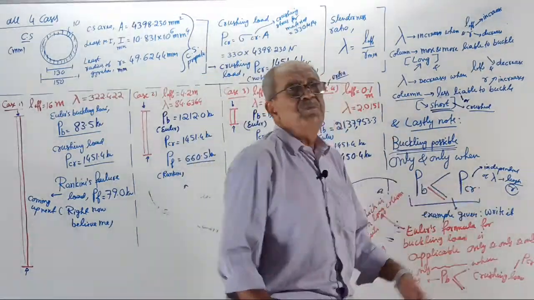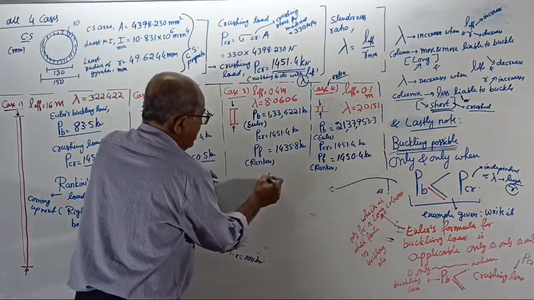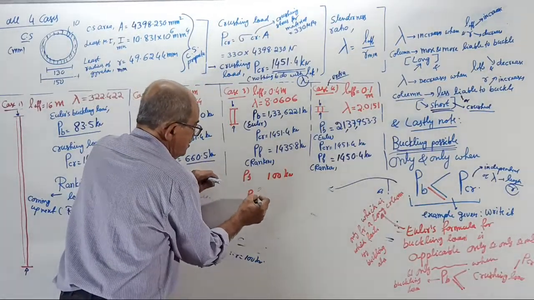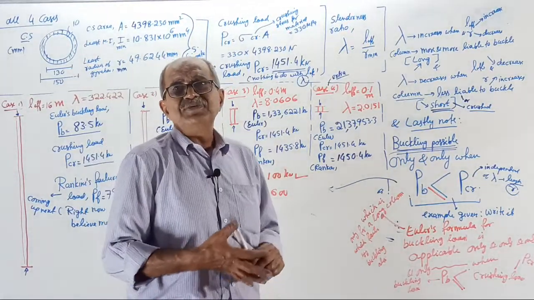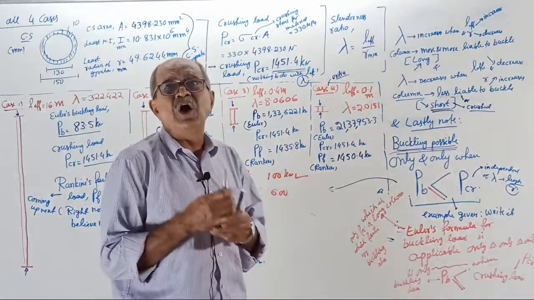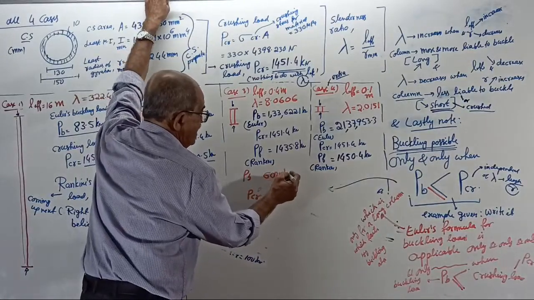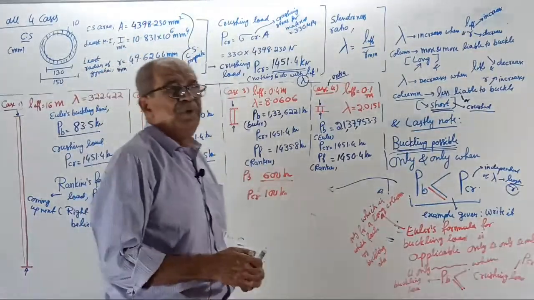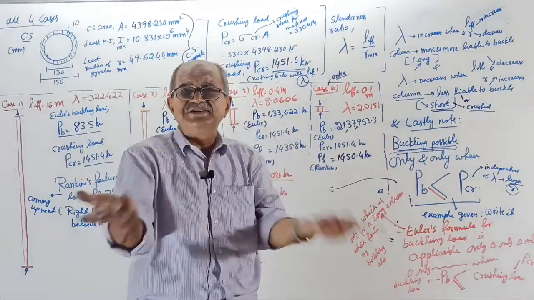Before that, the column will fail by crushing. For example, buckling load 100 kilonewton, crushing load 600. Yes, 100 kN is correct, because at 100 the column will buckle and crushing will not take place. Maybe a long column. But if buckling load is 600 kilonewton and crushing load 100 kilonewton, you cannot buckle. Before 600, at 100 only, the column will fail by crushing.